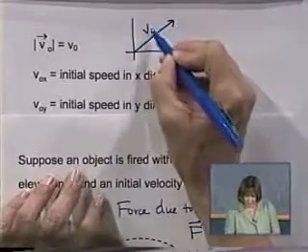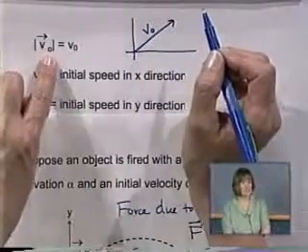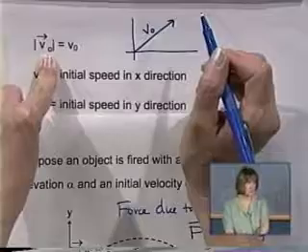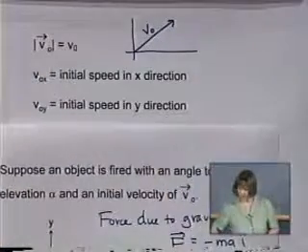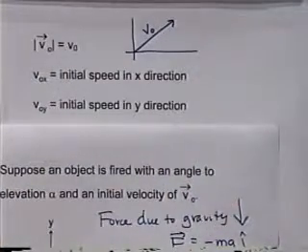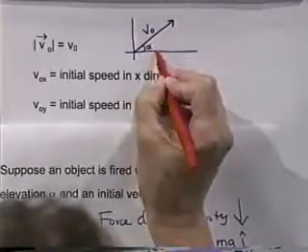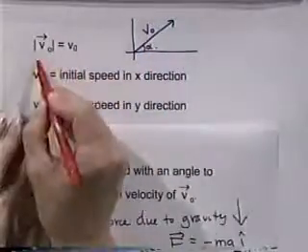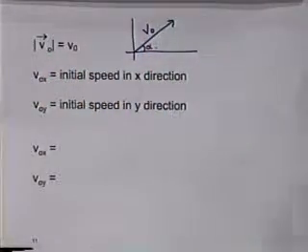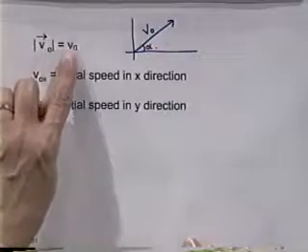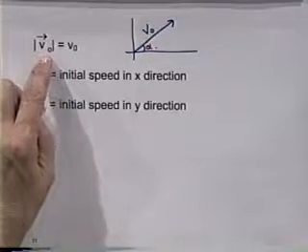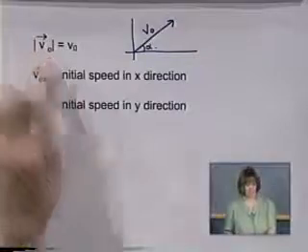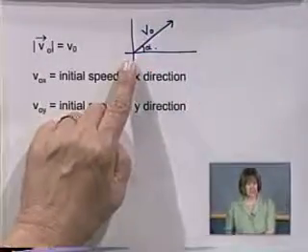V naught, by the way, v sub 0, means your velocity at t equals 0. This is angle alpha. We're going to let the magnitude of v naught be our speed, because we said speed is the magnitude of your velocity vector. So the length of this vector is v naught.